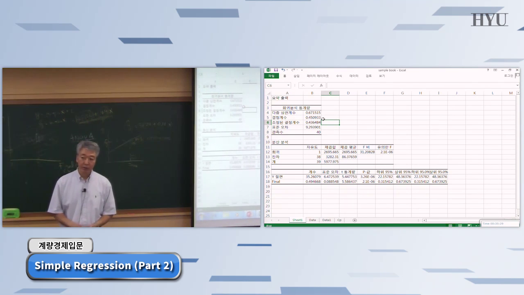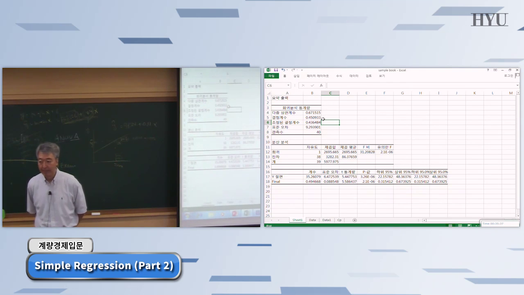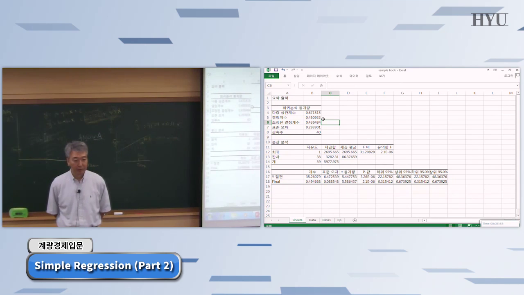All right, can someone interpret the meaning? R square, 0.45. What does that mean? Positive relationship? Is that what R square tells us? You're talking about R, the correlation coefficient, which is 0.67.